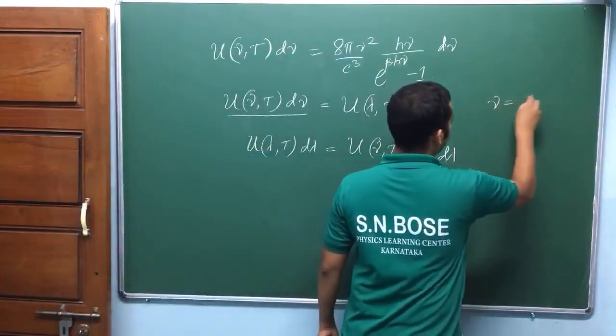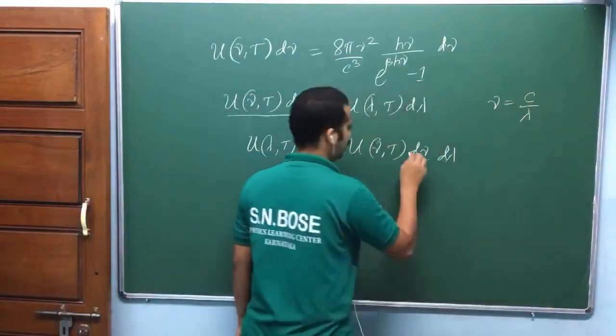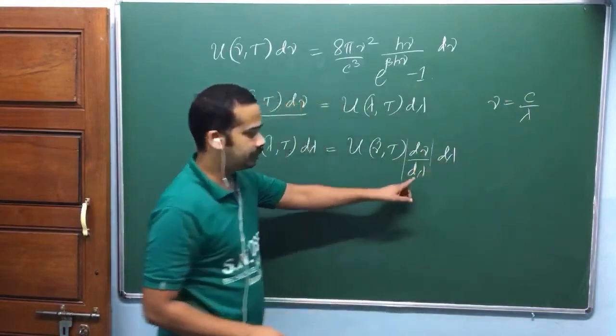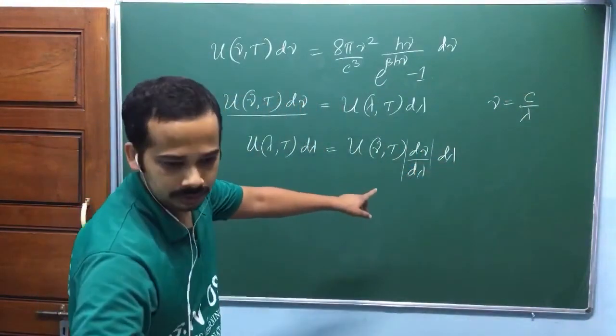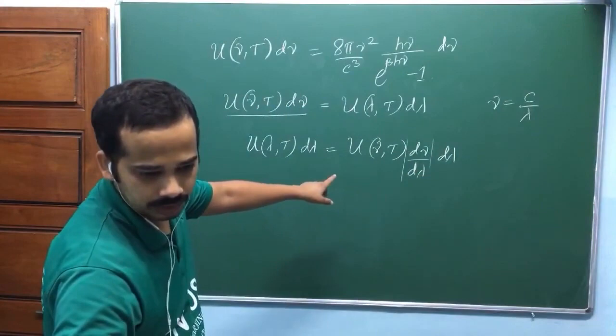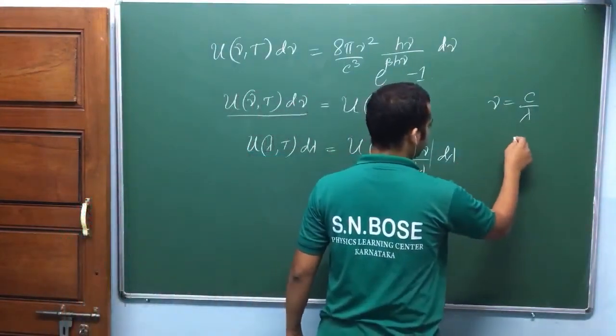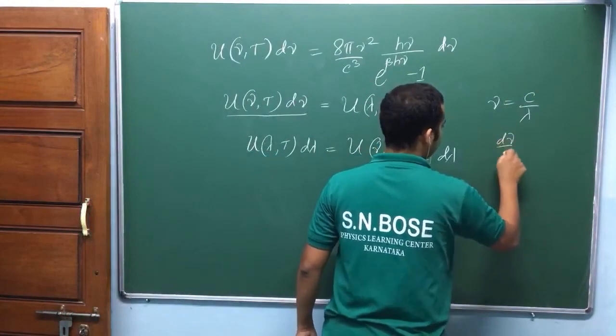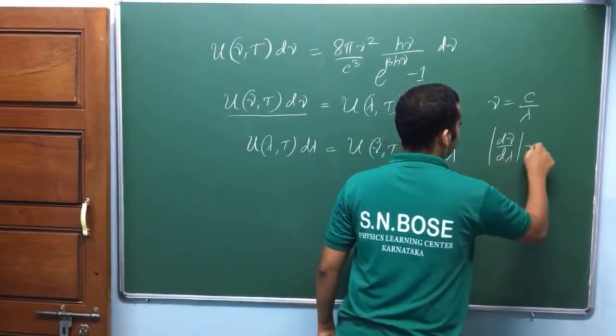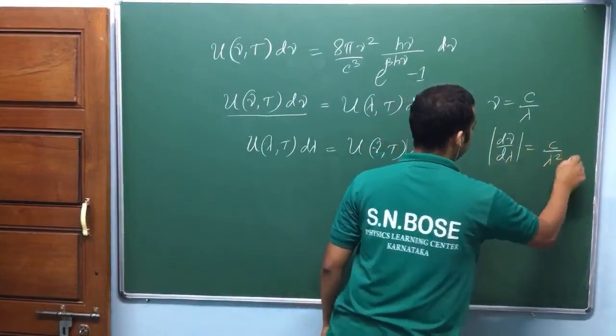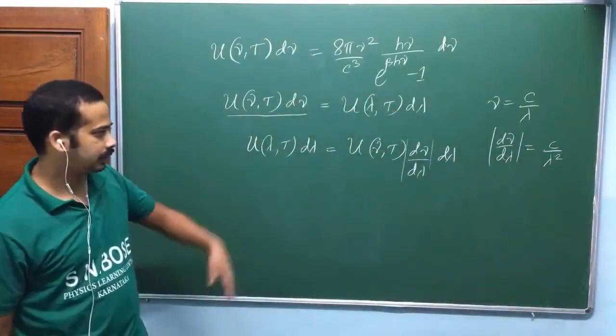Nu is equal to c by lambda. I put mod here because this derivative may introduce a negative sign. So d nu by d lambda, mod, is c by lambda square. It is minus c by lambda square, but I am taking mod.